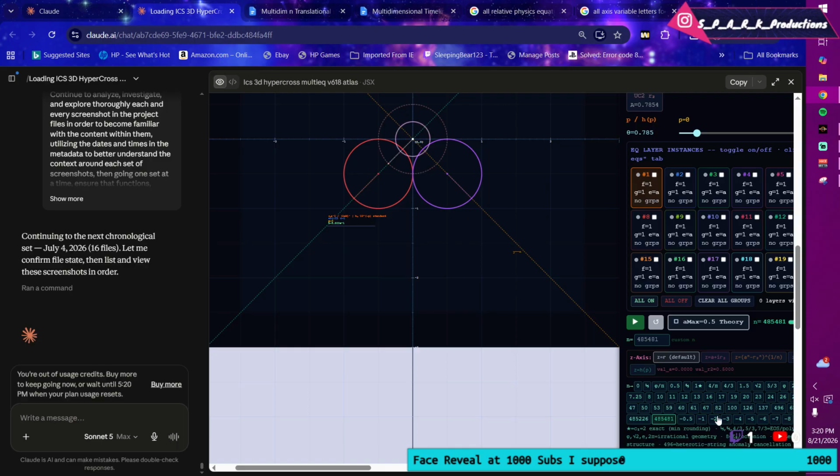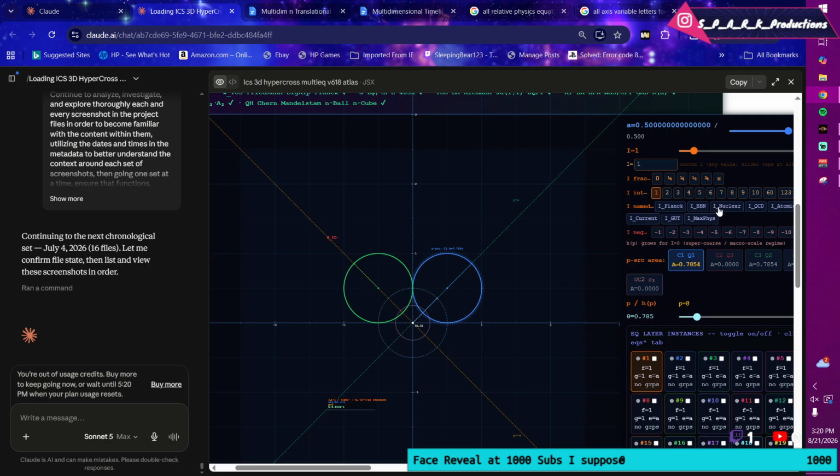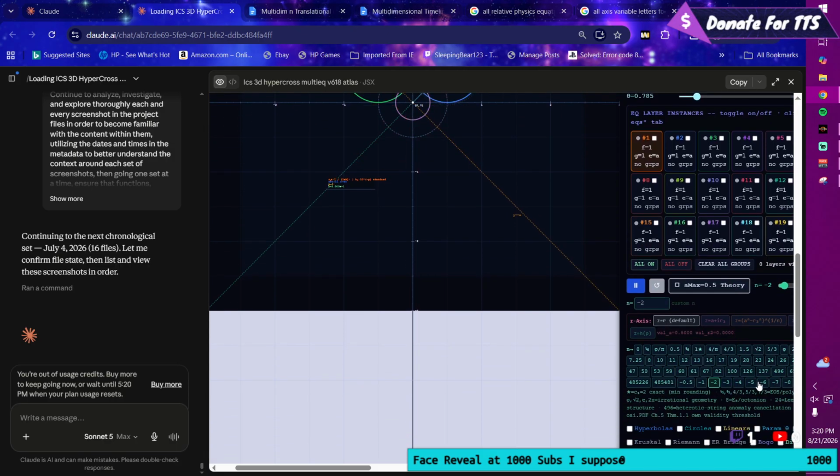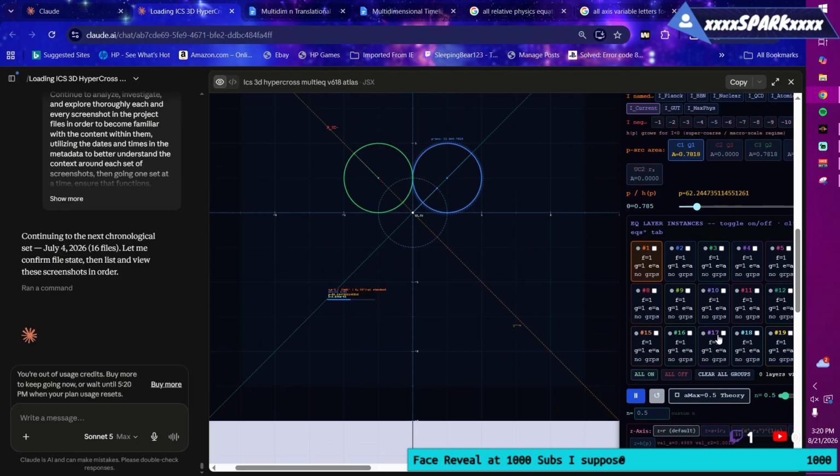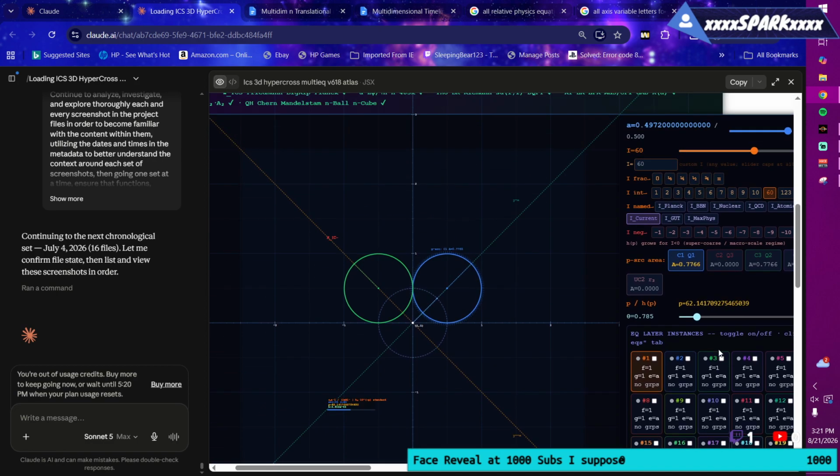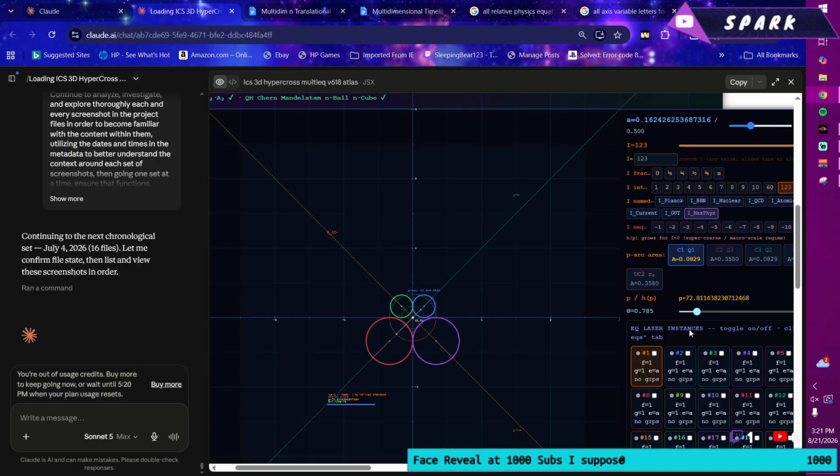Interesting. If I do negative dimensions, what does it do? Broken. I did 60? Broken. Breaks it. Negative 0.5? No. 0.5? 0.5 is interesting. What do we get here?